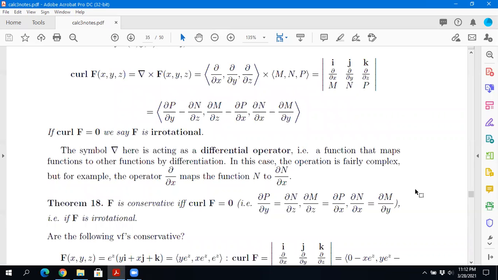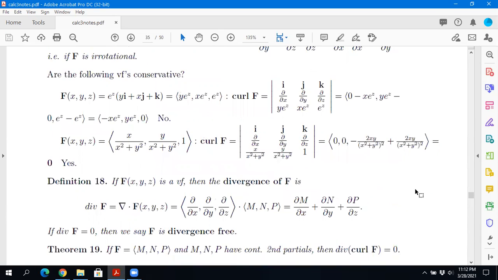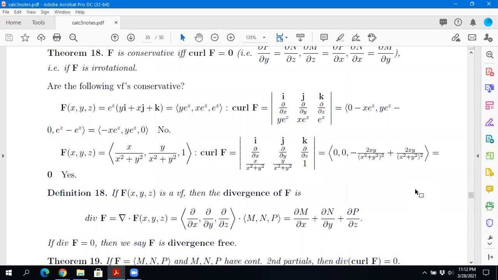But here's the formula for the curl. It has things like the del crossed with F, for instance, and del dotted with F. But let's actually do some computations here. We'll come back and talk about what conservative means exactly. That's something that we'll talk about later on.